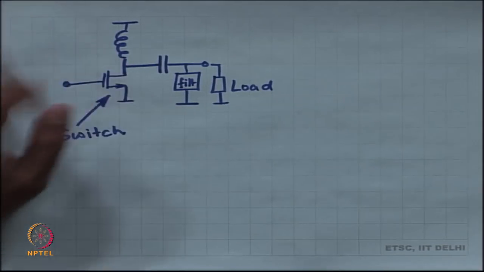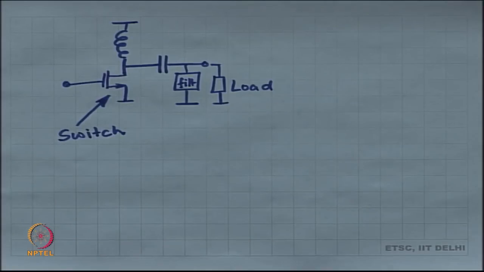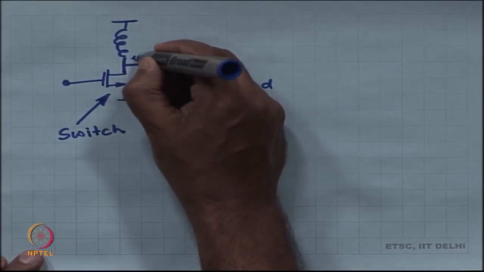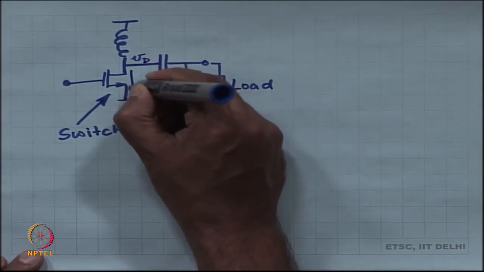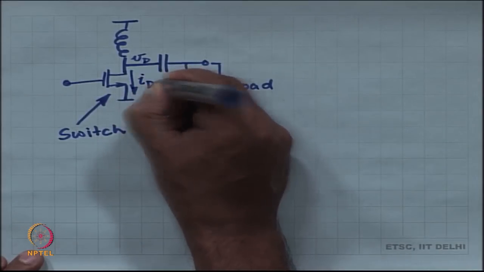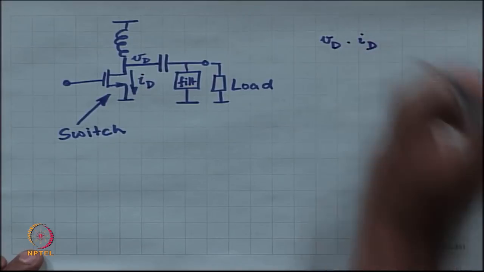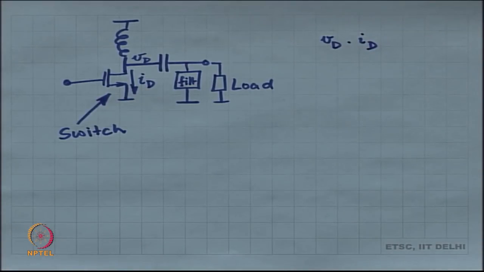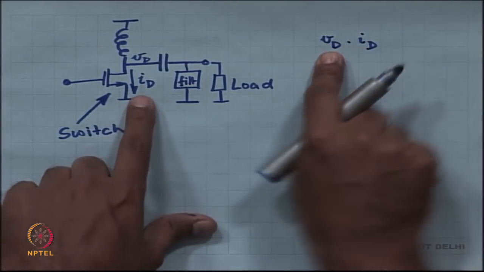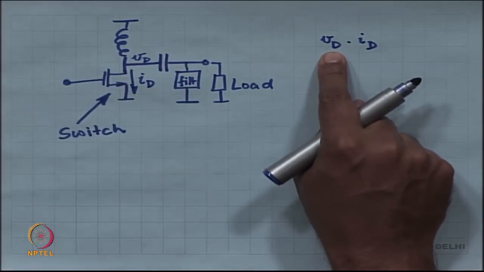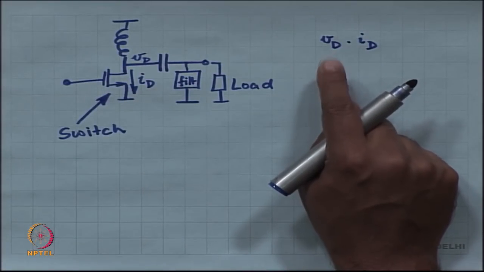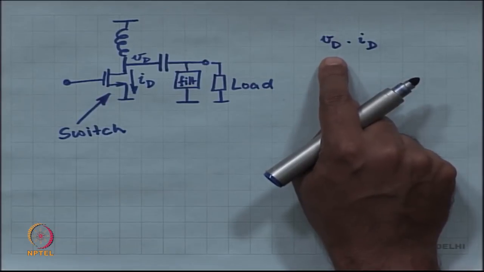Power consumed by the MOSFET is the voltage times the current. Power consumed by the MOSFET is V d times I d. When the switch is on, V d is equal to 0. The MOSFET does not get to consume any power.